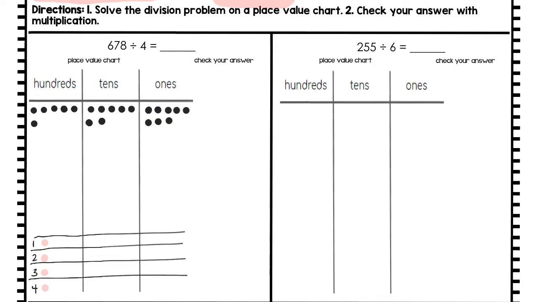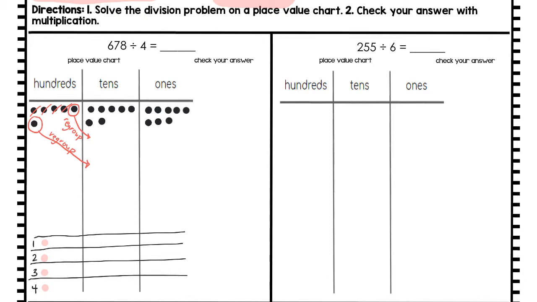And then I'm going to come up and cross out 4 because I have already used them. Now I have 2 more hundreds left. Is that enough to fit into 4 groups in the hundreds place? Nope. I need to regroup them into tens in order to split them up in the tens place.